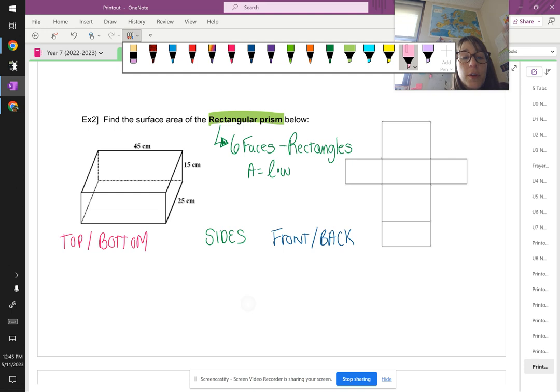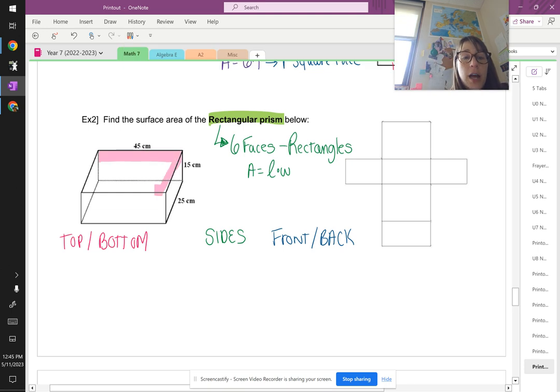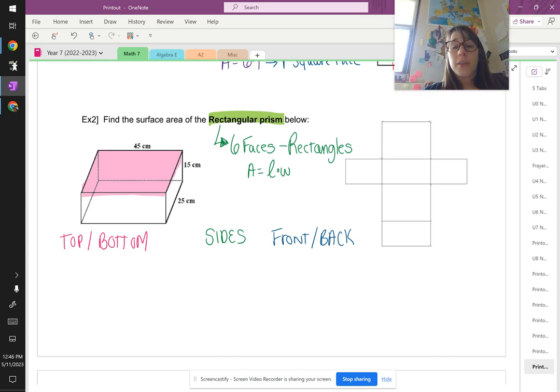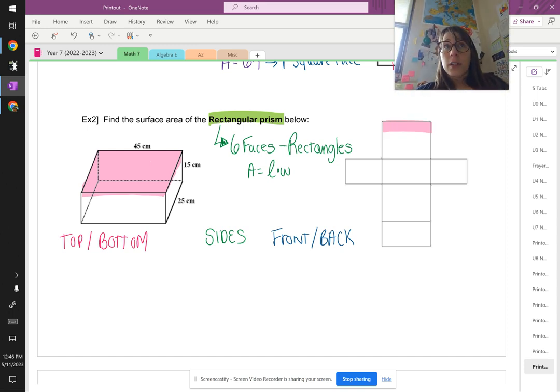Okay, so I'm going to highlight the top of my box, because that's what we're starting with, and that will help me get a better visual. The top of that box, like we said, the nets are going to be super helpful. The top of that box, when we look at it at the net, is over here, which is also the same as the bottom of the box, which is demonstrated right here.